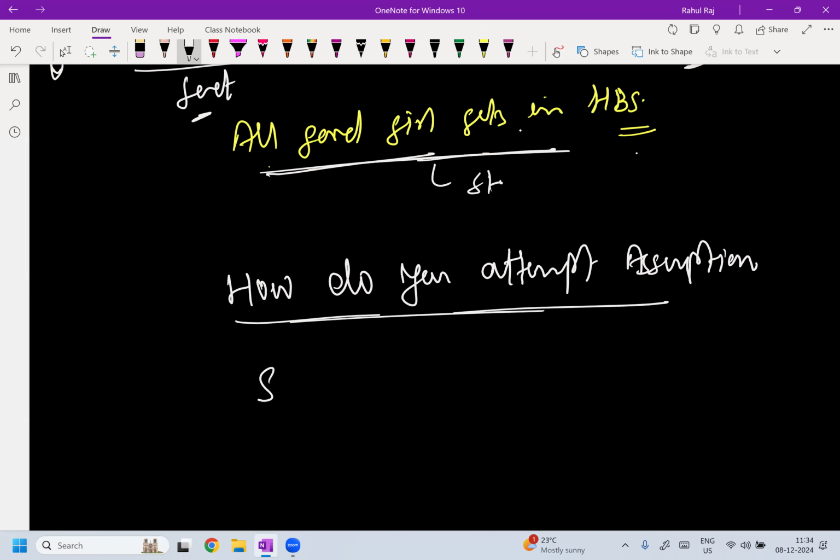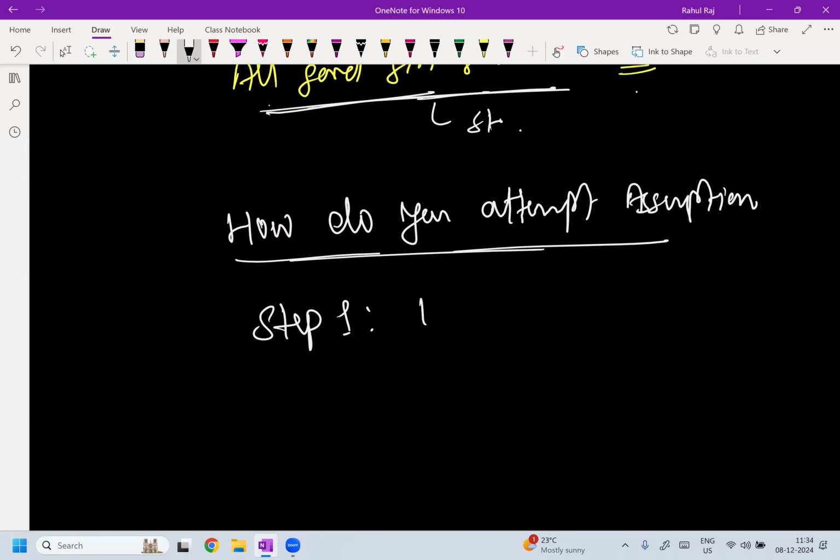So step number one, like in any critical reasoning question, is to identify the conclusion. If you are in a position to identify the conclusion, I promise 70 to 80% of a CR question is done. So please ensure in any critical reasoning question you are solving, if you are not able to identify the conclusion and you go to the question, it's a disaster.